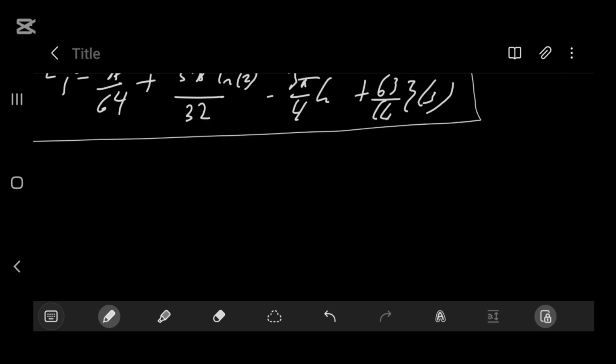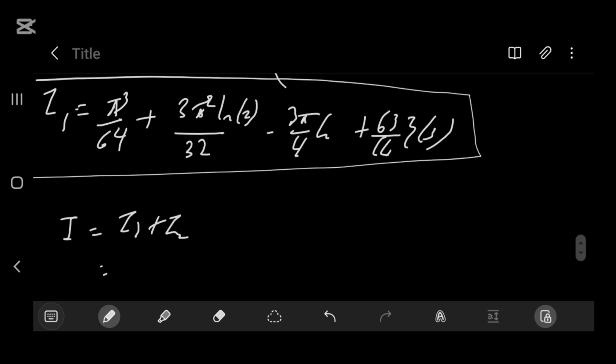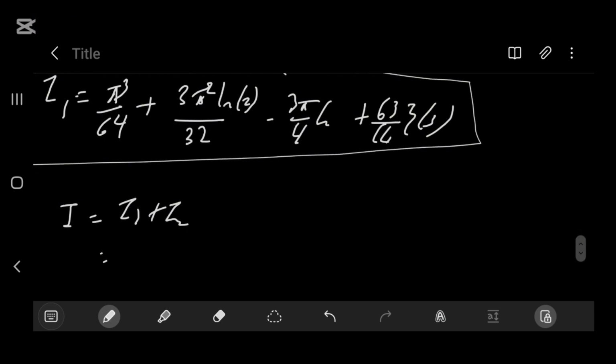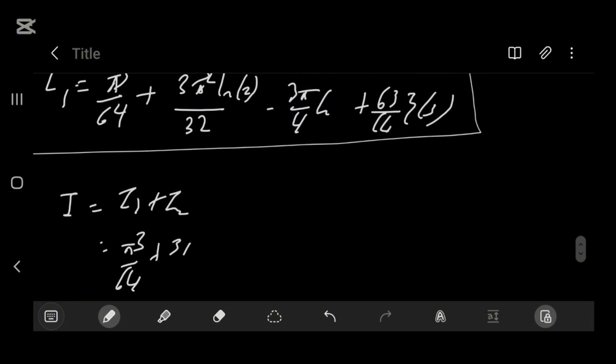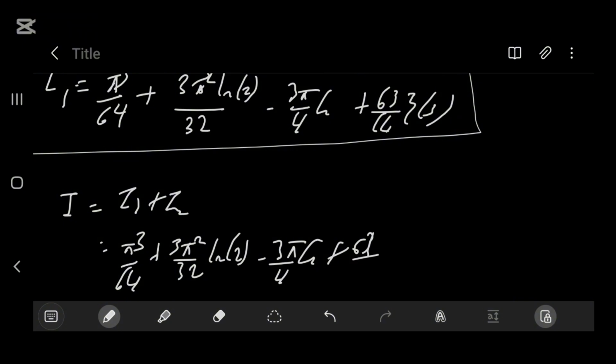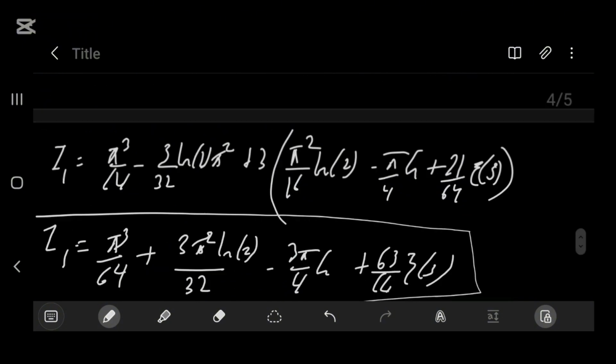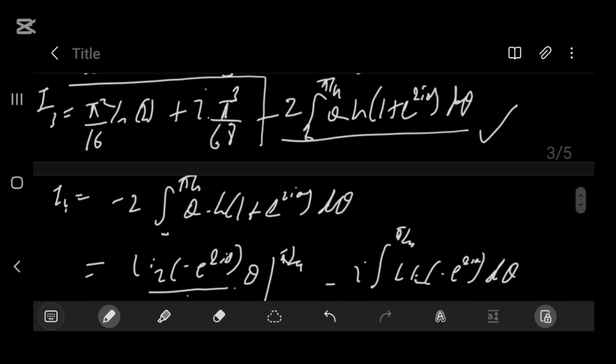Here, our required integral is I equals I1 plus I2. We already found I2 and I1. Now it's time for us to add these two and see what the real answer is. So we have pi cubed over 64 and plus 3 pi squared over 32 natural logarithm of 2 minus 3 pi by 4 of Catalan constant plus 63 over 64 zeta of 3 plus, remember the answer we got for I2 earlier?